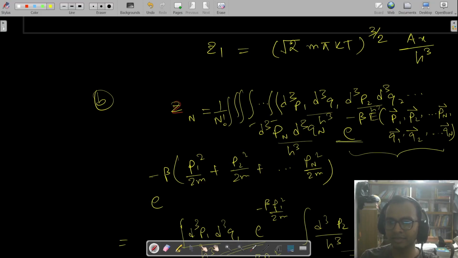These integrals are nothing but seeing how many microstates are possible for the energy E by varying the P's and Q's. So due to indistinguishability, we need to divide the number of microstates by n factorial.